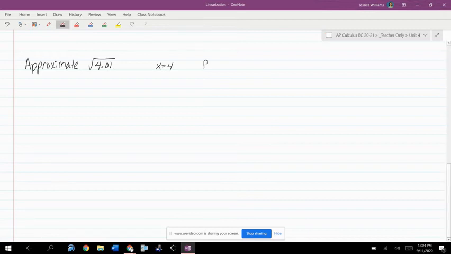The function I think I ought to use is square root of x. So if I use those two things and I write a tangent line with that information, my point is going to be (4, 2). My slope is going to be 1 over 2 root x, such that x is 4 gives me 1/4.